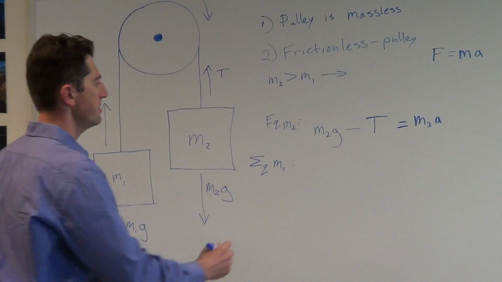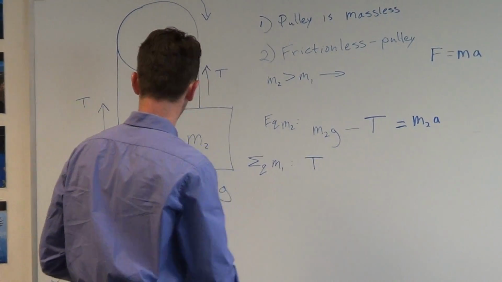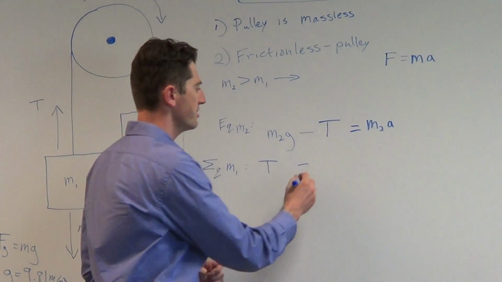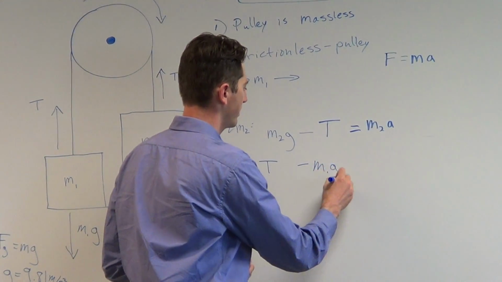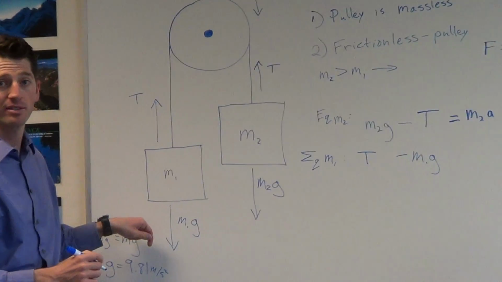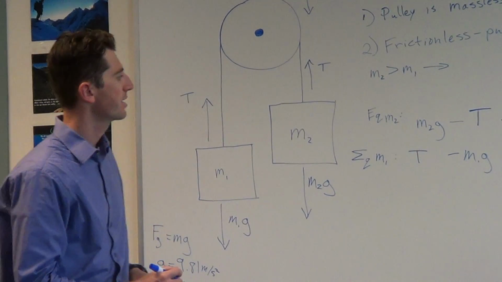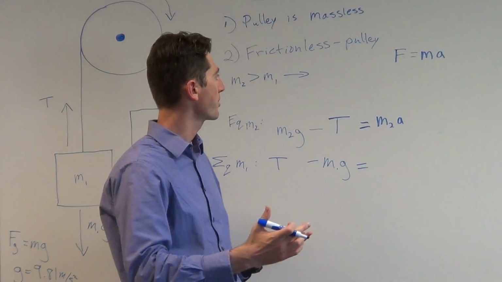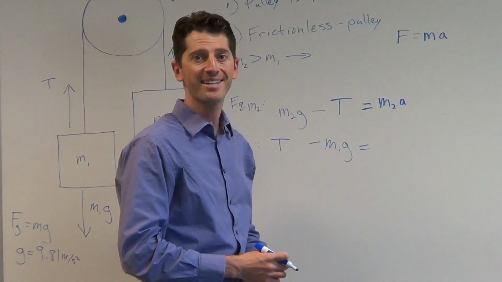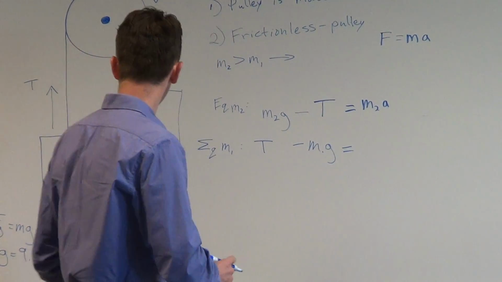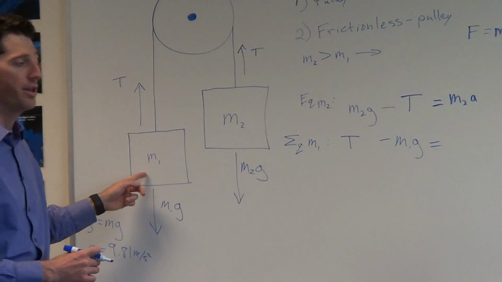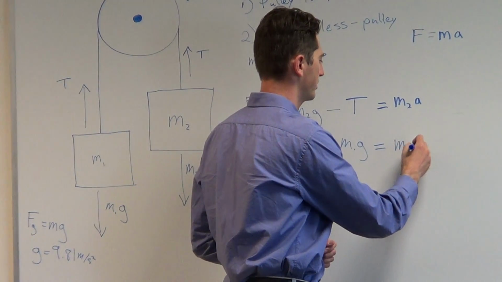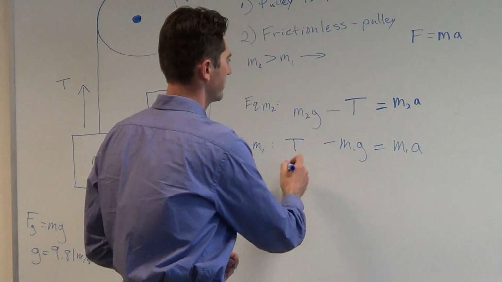So we'll say tension minus M1G, because M1G is opposing the direction of motion, is going to equal some resultant force, right? And force is always mass times acceleration. And in this case, it's the mass M1. Great.